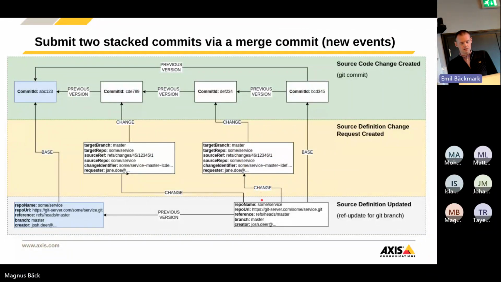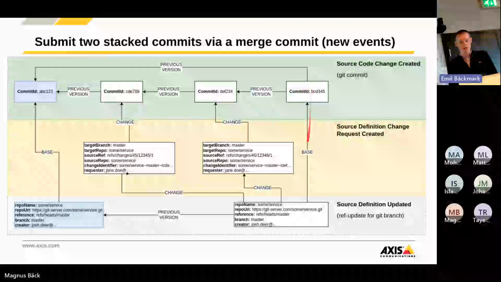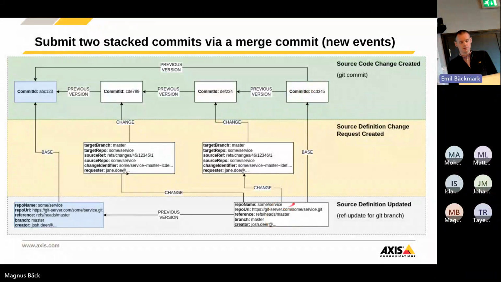In this case, as in one of the earlier examples, we have two links to the change requests, because these are the ones that we are integrating or closing, whatever terminology you want to use. But the commit that we are actually updating the branch to is this new merge commit over here. So this is what we're sending together with the branch update. And it has two parents, this commit here and the old state of the master branch.